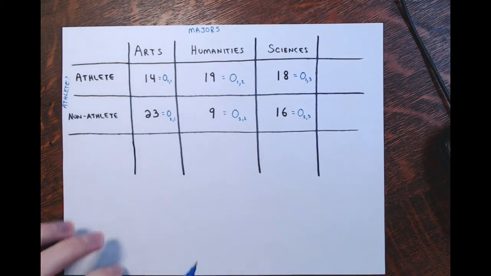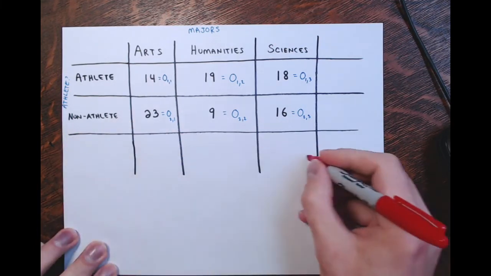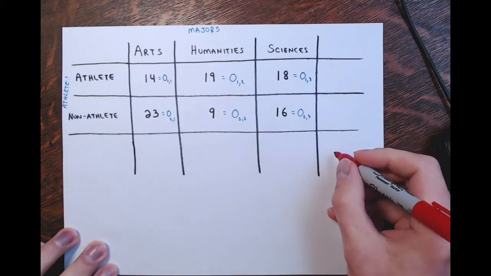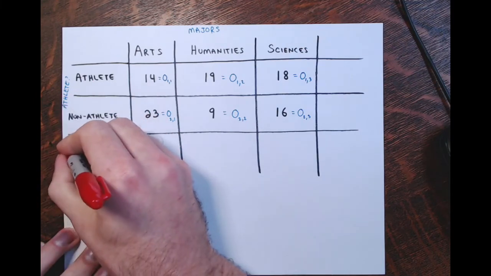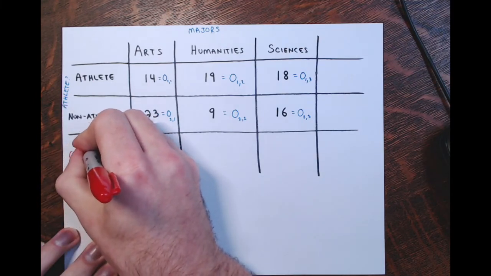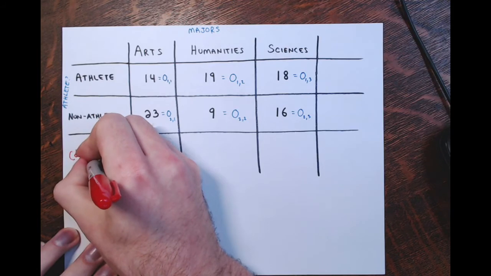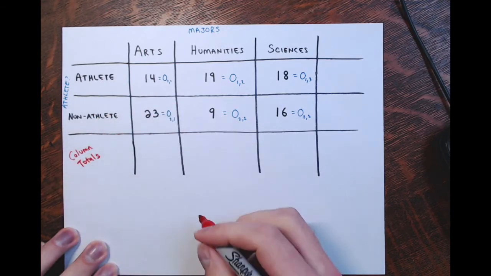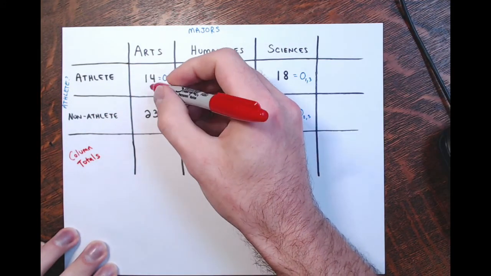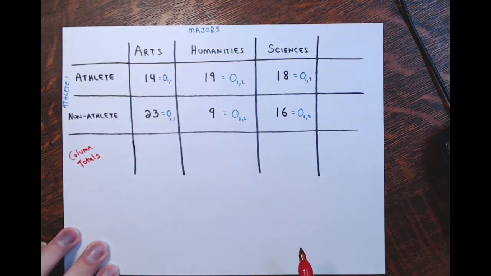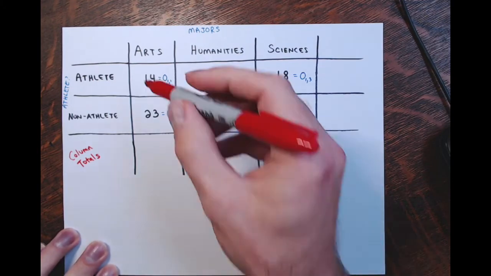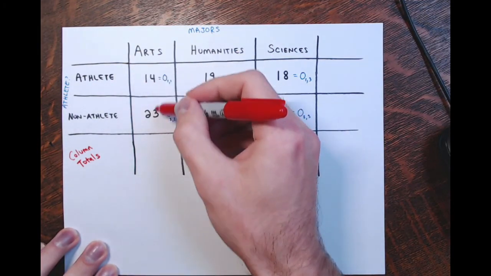So now come the totals. Down this extra row here, I'm going to do it in a different color, are the column totals. They've already got them on the table there, but I'll do it here. This just tells me how many of the students surveyed are in a certain major. How many majored in the arts? Well, 37 of them.